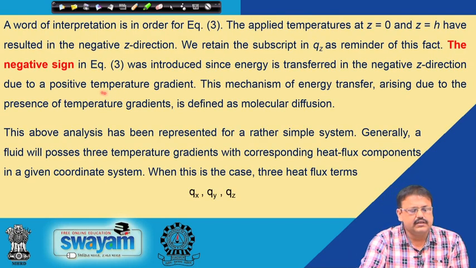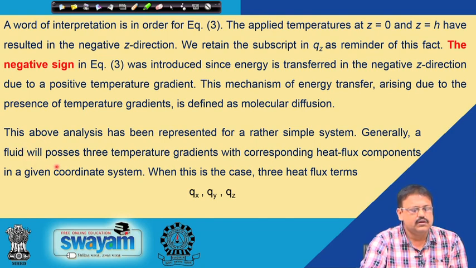In this equation, the negative sign is given because the temperature goes from the higher zone to the lower zone, so the temperature gradient is negative. That is why the minus sign is used in the equation.